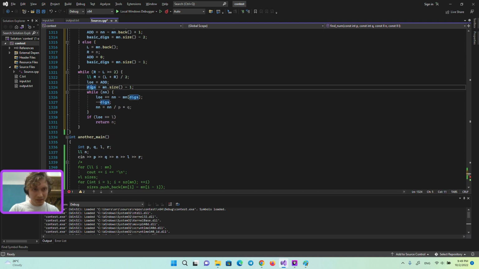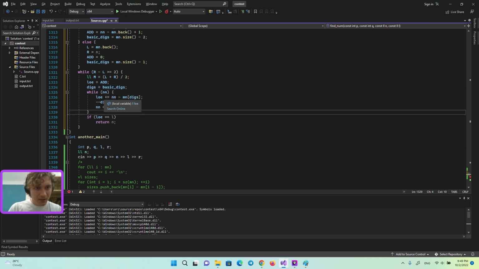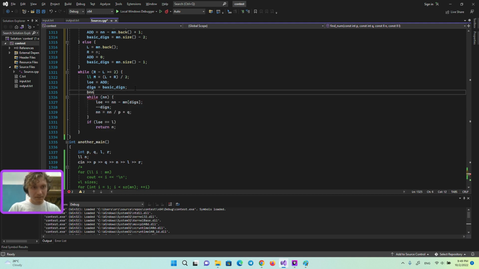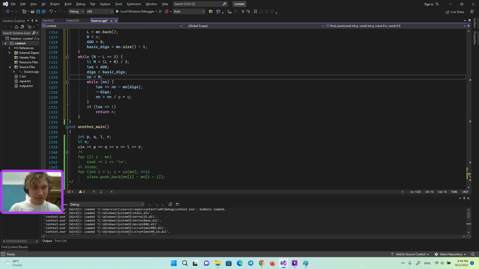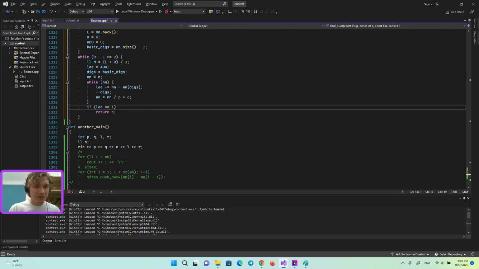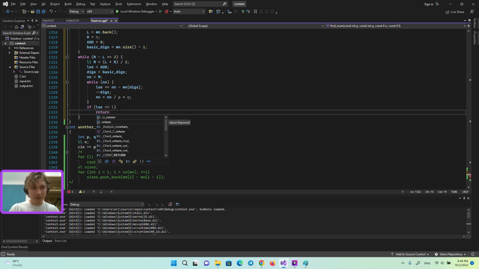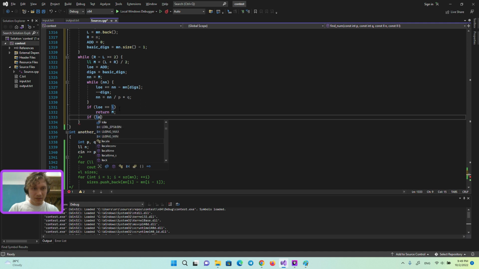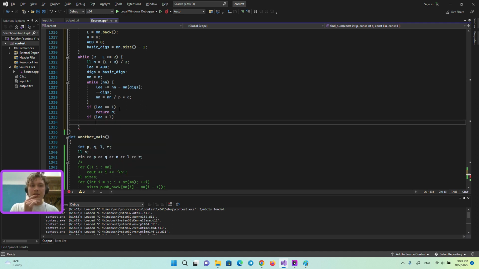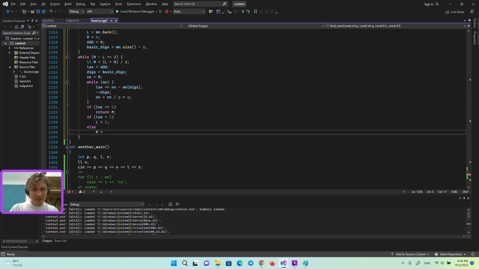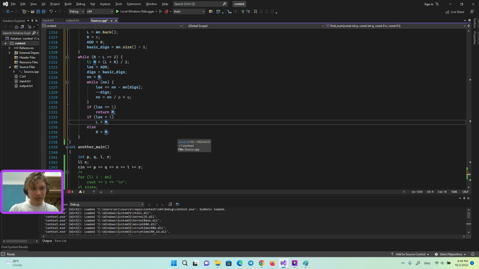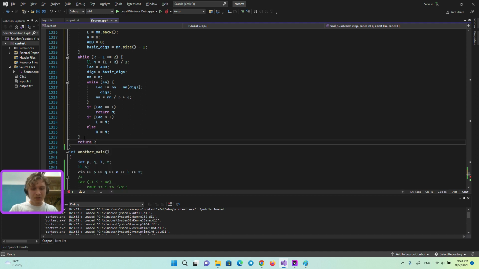Here I say that digs is basic digs, and while nn, and if lower is equal to L, then I say return M, but basically if lower is less than L, then I say that it's too small number, so L equals M, else R equals M. Okay, and in the end, actually return R.